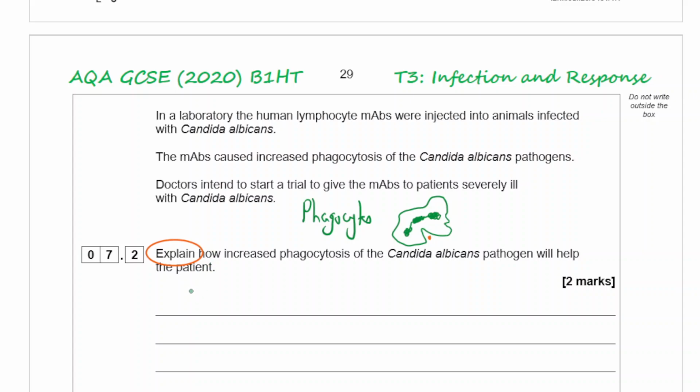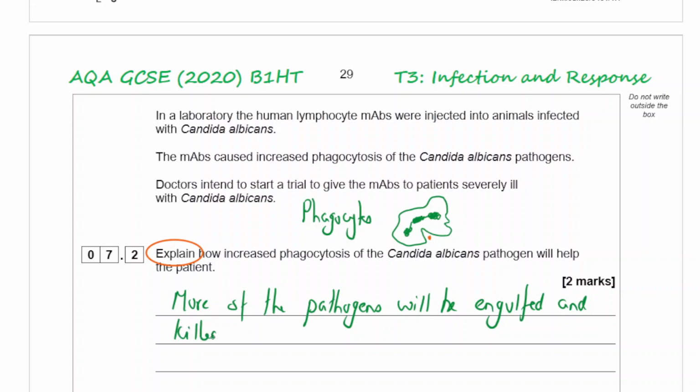Well, rather than writing Candida albicans, I'm going to write pathogens. More of the pathogens will be engulfed and killed by phagocytes.